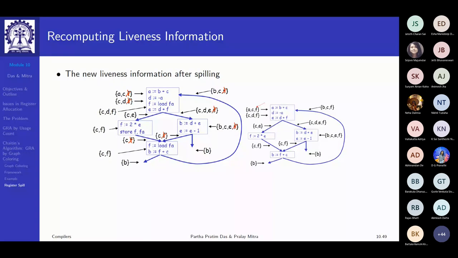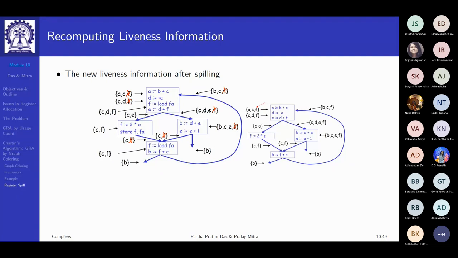So if I had applied that heuristic, then instead of spilling F, which actually has 2 loads and 1 store, I should probably have spilled C, right, which has only 2 loads. That may have been better, but it depends. You can try to spill C and see what kind of effect you get.